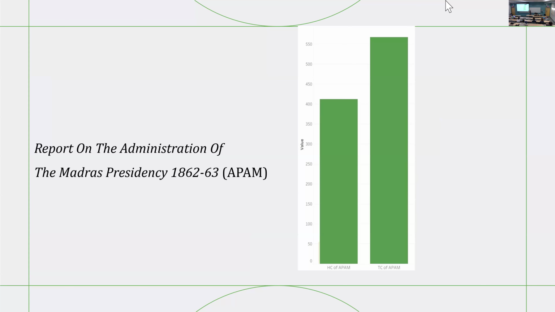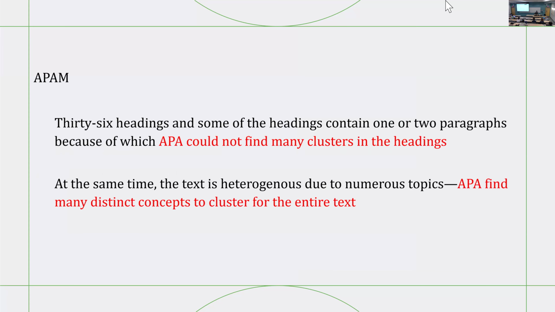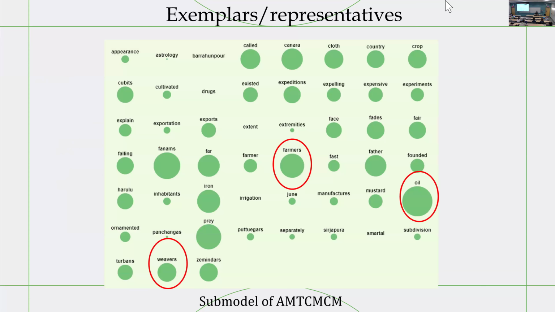But it still didn't pick up for the submodel, because it's all facts, tiny paragraphs. Even just a couple of paragraphs can be converted into units. So that's the reason, these kinds of complexities in the format of the text. I think I just explained this by looking at the chart.